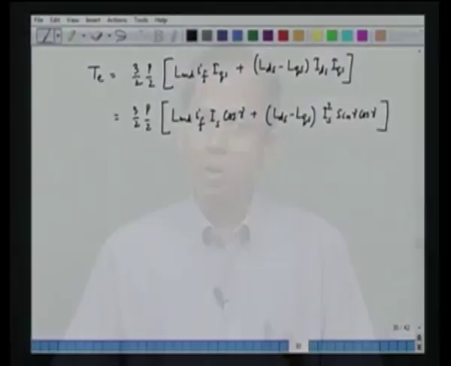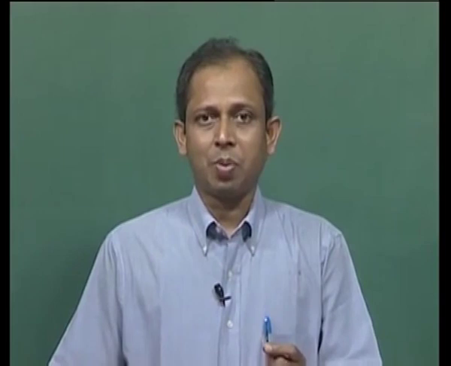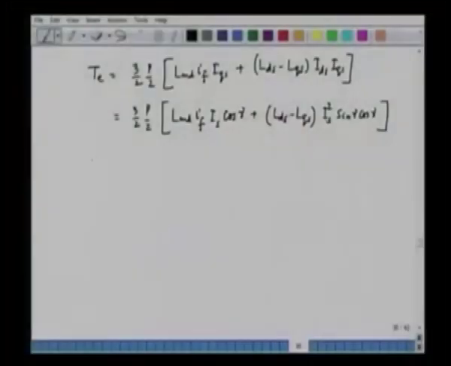So if we want to have a simplified torque expression from the point of view of ease of control, we would like to take some condition here, and the condition is gamma equal to 0. Now if you put gamma equal to 0, the angle between IS and the q axis is equal to 0.